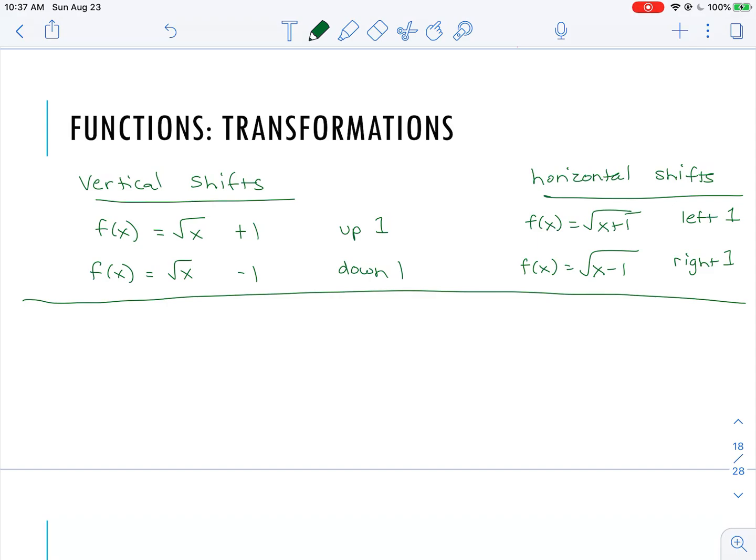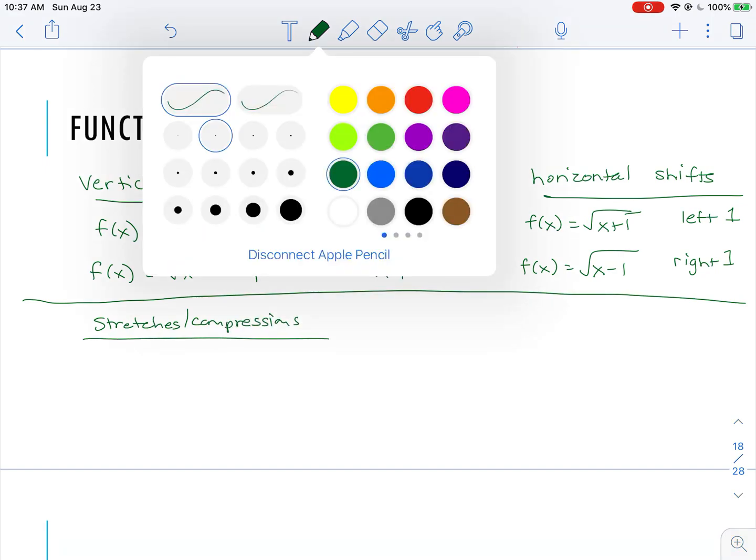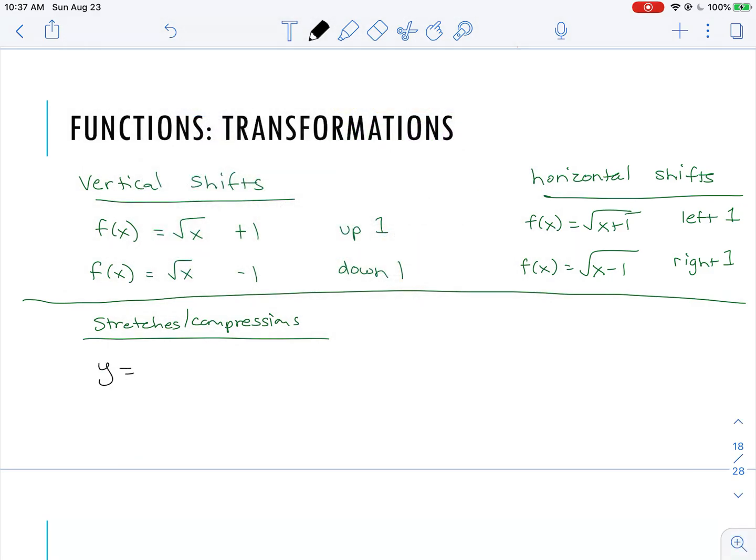We can also have stretches and compressions. If you think about these on parabolas, they either make the parabolas wider or narrower. So if I had y equals x squared as my parent function and I did 3x squared, that's going to be a vertical stretch by a factor of 3, which means you're going to stretch it up and down, which makes it skinnier.